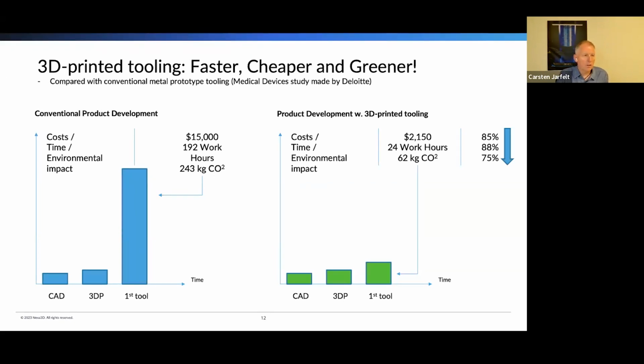The left side shows the conventional cost picture or impact picture, and the right side shows the freeform injection molding equivalent. And the numbers are quite apparent. Taking all categories down by somewhere between 70 and 85%. And especially when you look at the environmental impact, when you don't cut metal tools, you have far less impact. And when you only print what you actually need, you also have far less impact on the environment.